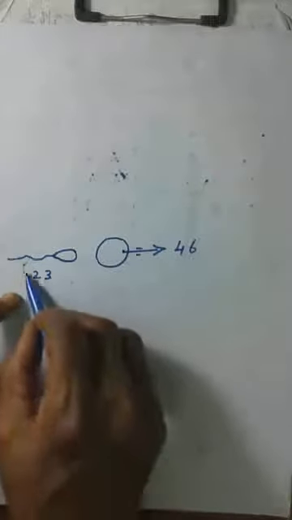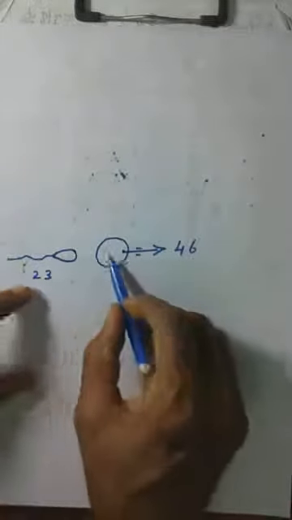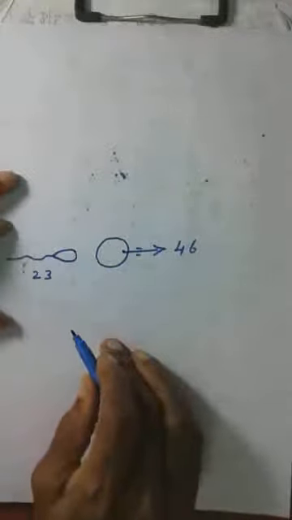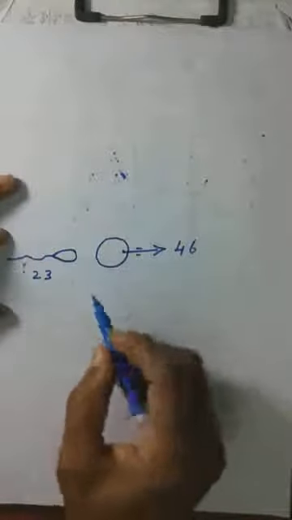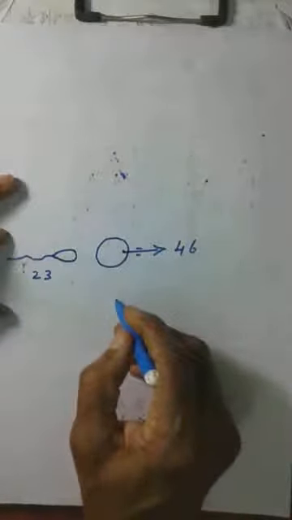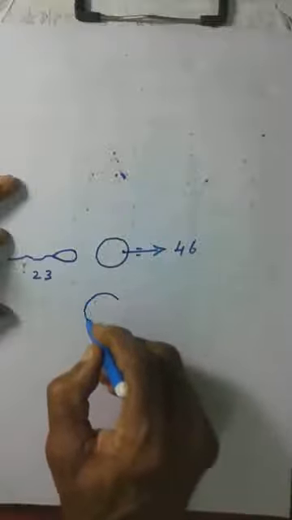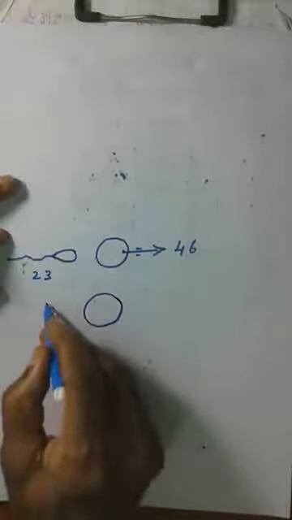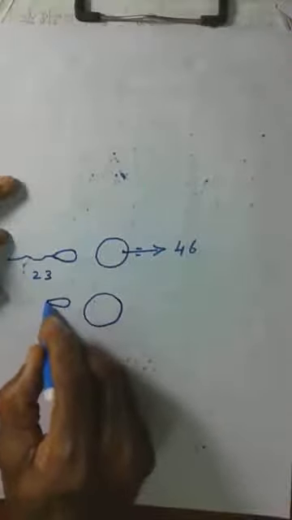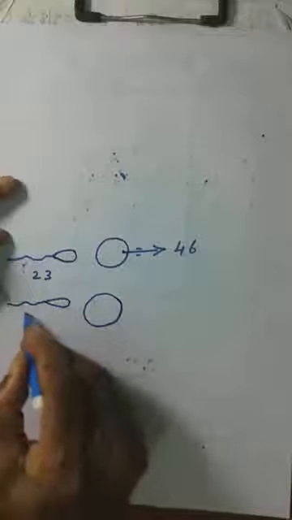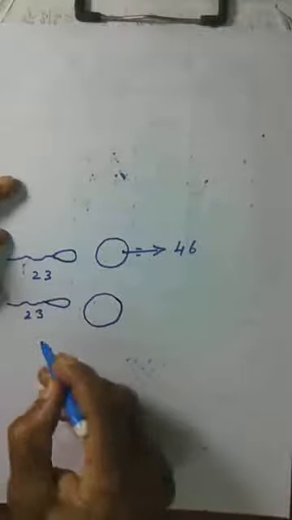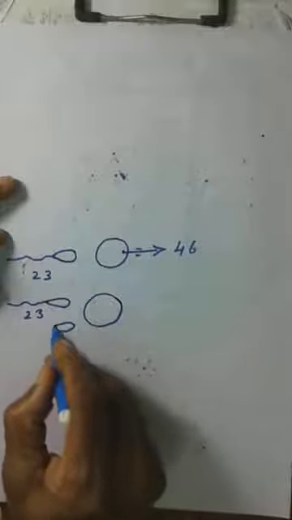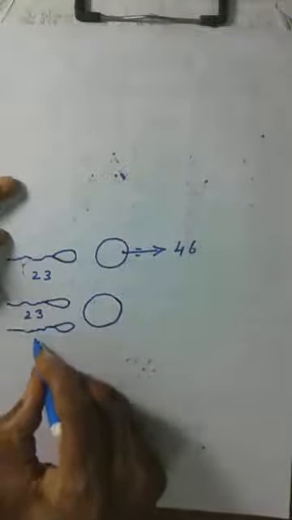This will only multiply after the joining. That is one case. In another case, suppose there is also no nucleus, and one sperm with 23 and another one also coming with 23.